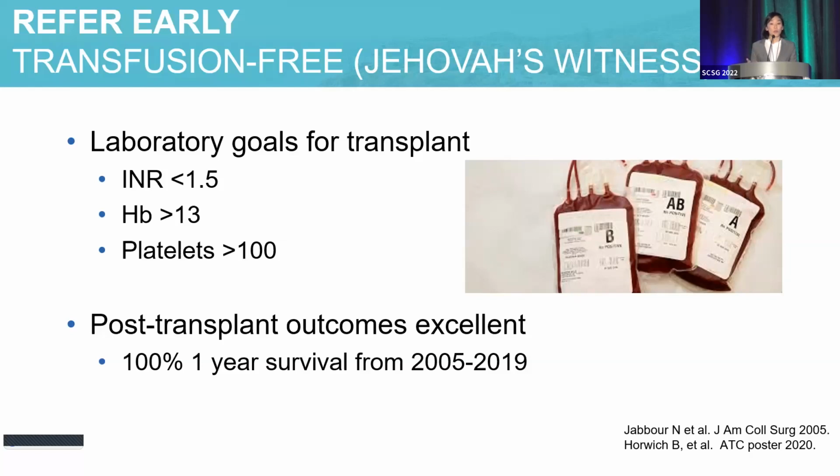So INRs of less than 1.5, hemoglobins above 13, and platelets above 100. And we, as a program and many other transfusion-free programs, will augment these patients with Nplate, with EPO, et cetera. And post-transplant outcomes in the transfusion-free patients are excellent. So these are patients, if you see them in your practice, who should be referred early when they're compensated to start having that discussion about future transplant.